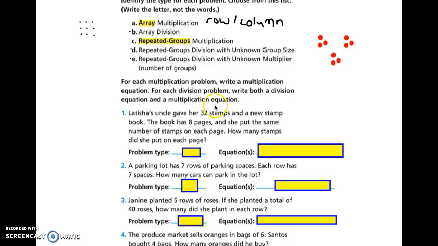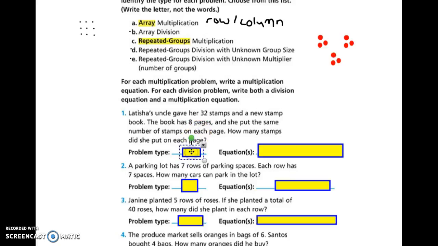Okay, that's what I'm trying to figure out. Now, I look at this and it says the book has 8 pages. So each of the pages to me is a group, so I do know the number of groups. So I'm going to say it's this repeated group division with unknown group size. I don't know how many things go in each group, or on each of the pages.